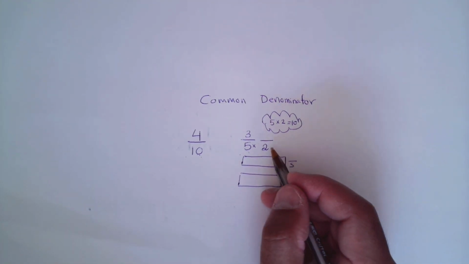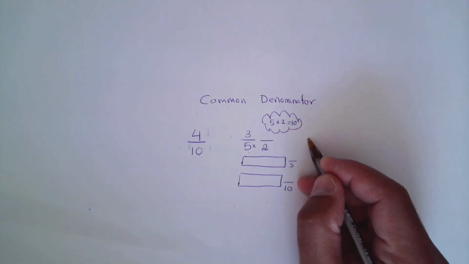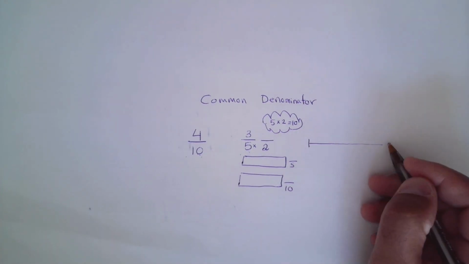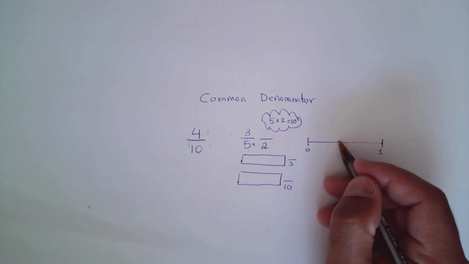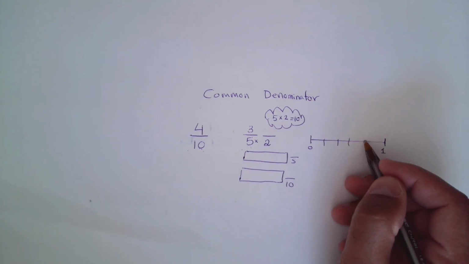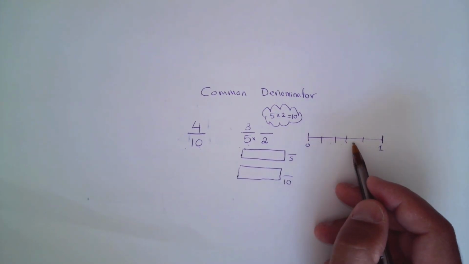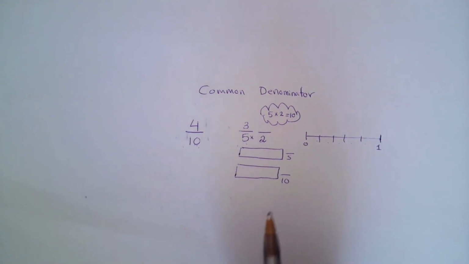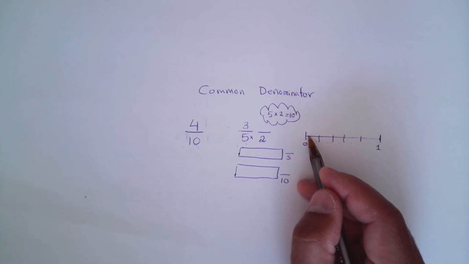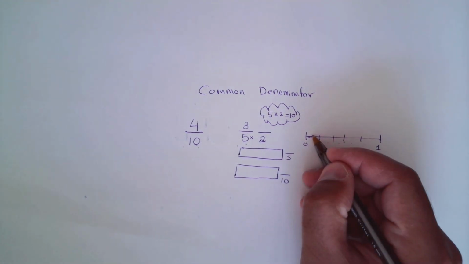Remember? So here's my number line. Here's my whole, 0 to 1, and it's partitioned into fifths. 1, 2, 3, 4, 5. I'm going to split each fifth into half.